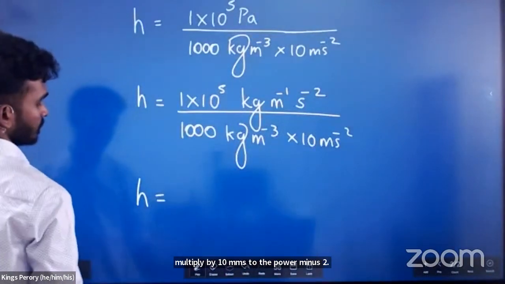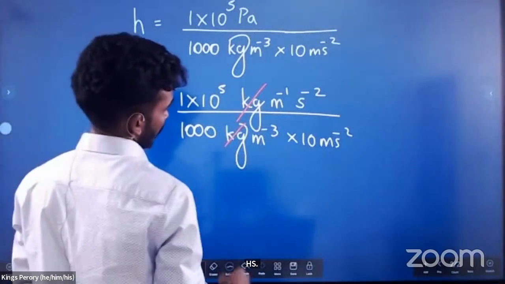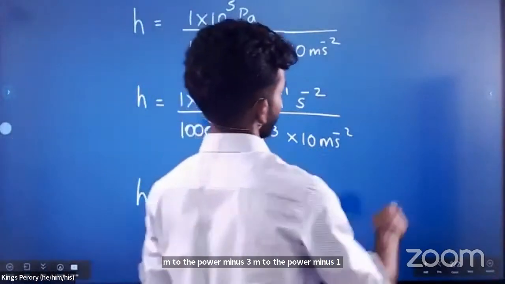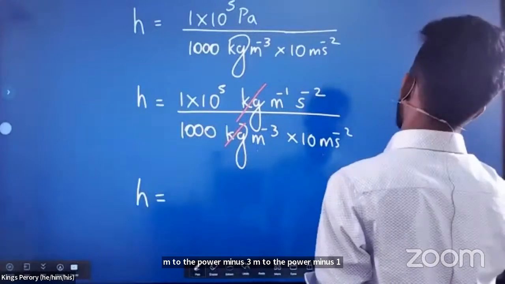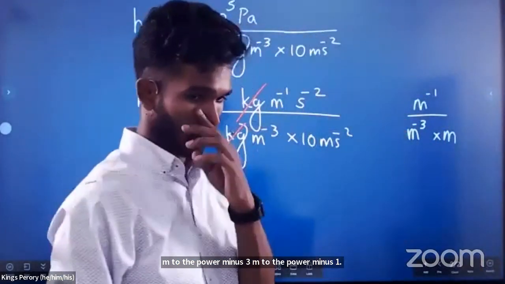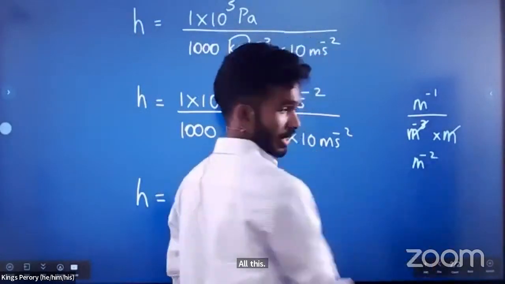H is... kg cancel off. m to the power minus 3, m to the power minus 1. Solve this. These two cancel off, m to the power minus 2.